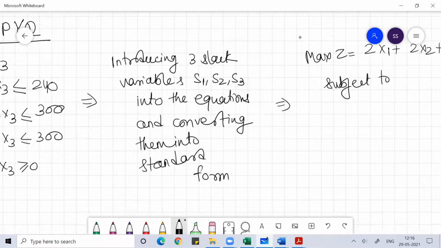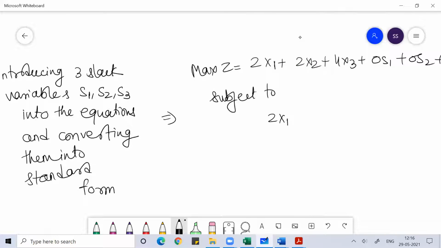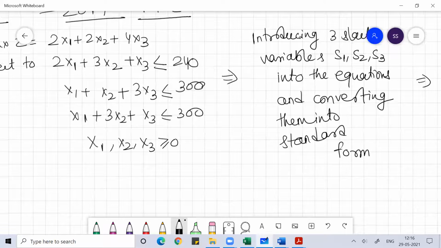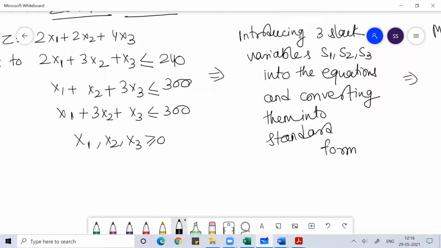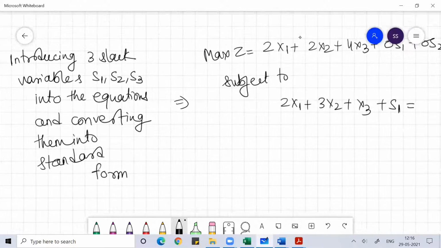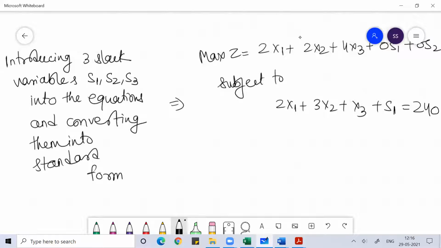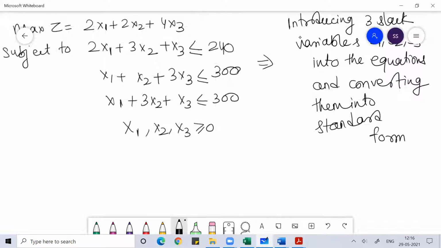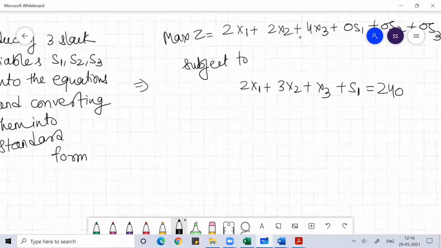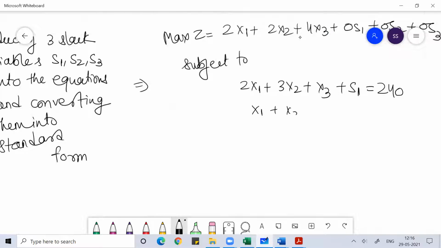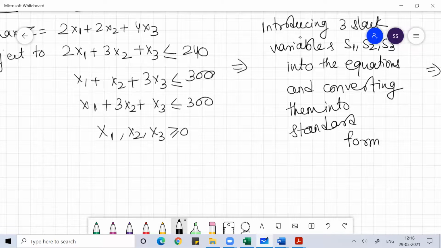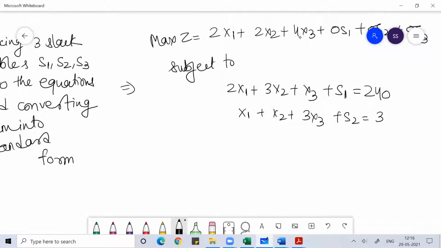2x1 + 3x2 + x3 + s1 = 240. And then x1 + x2 + 3x3 + s2 = 300.